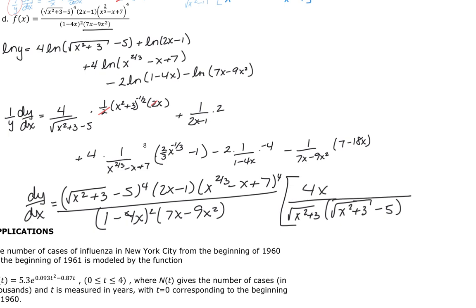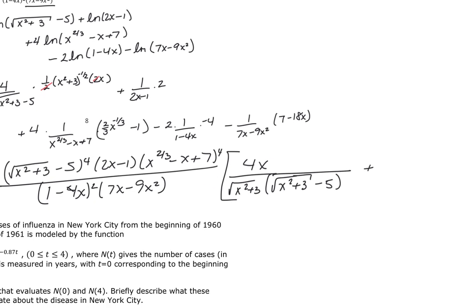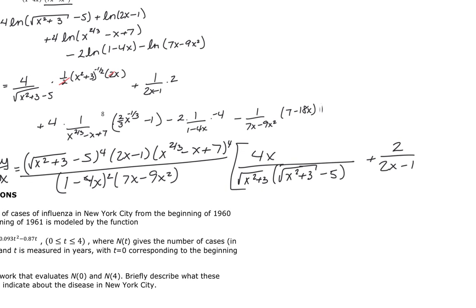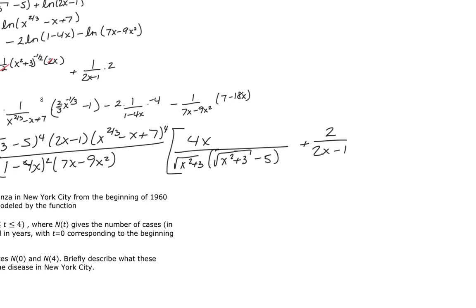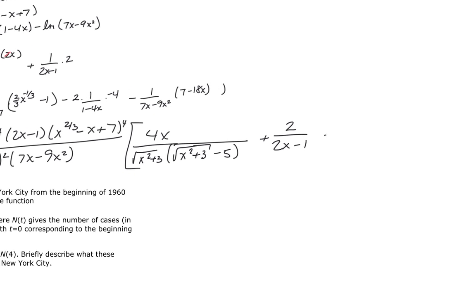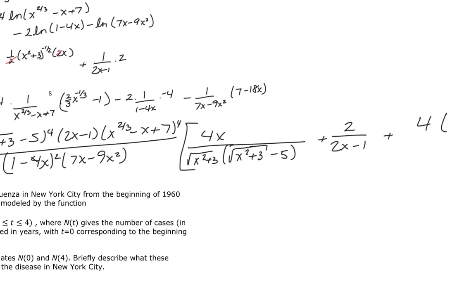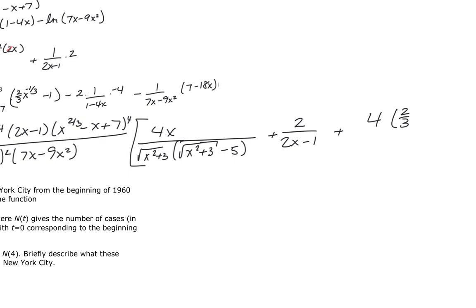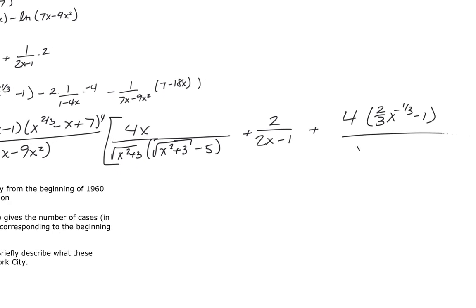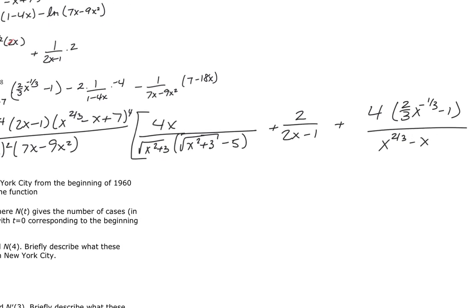That's my first term. And then I'm going to have plus 2 over 2x minus 1. And then I'm going to have 4. So plus 4. This is going to be multiplied by 2/3 x raised to the negative 1/3 minus 1 divided by x raised to the 2/3 minus x plus 7.